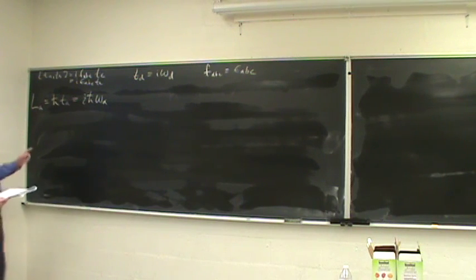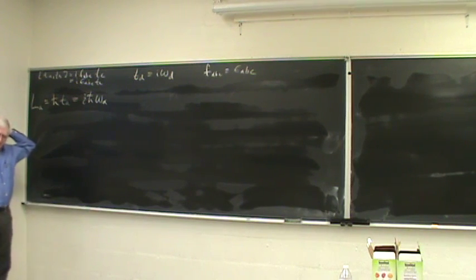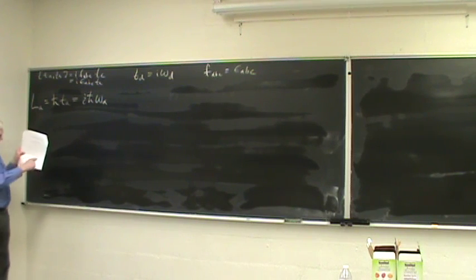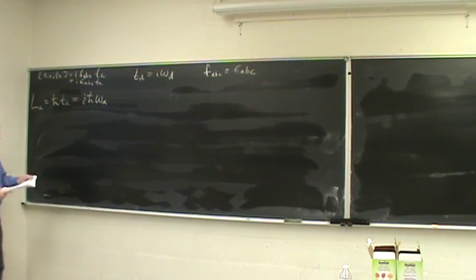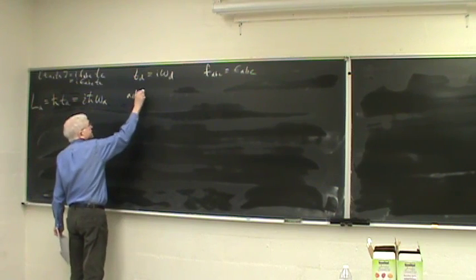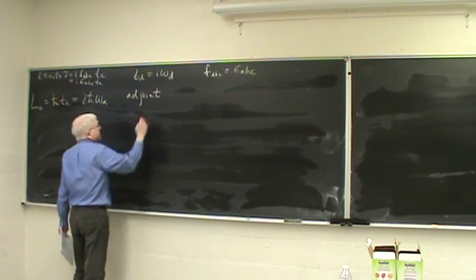These T's that I defined here as 3x3 matrices are written there in equation 1088 explicitly. These generators are the generators in what we'll call the adjoint representation.